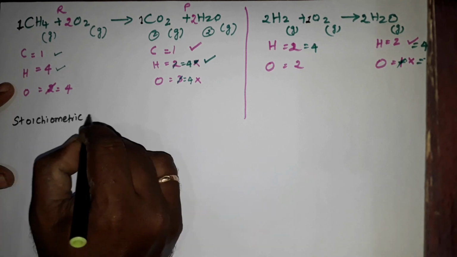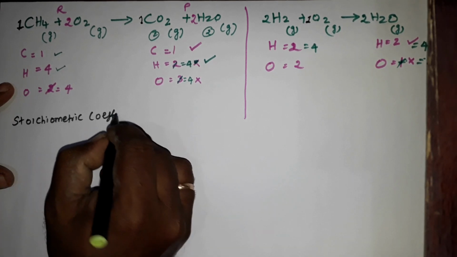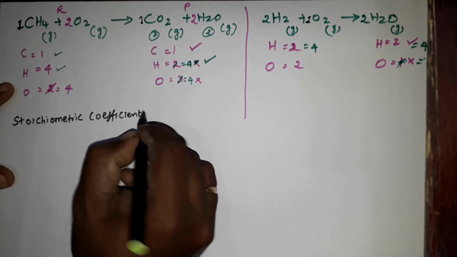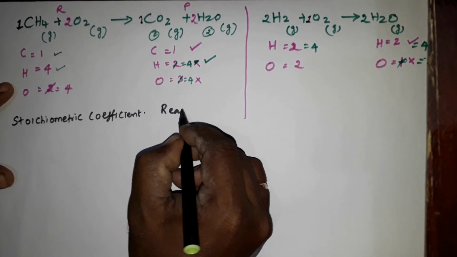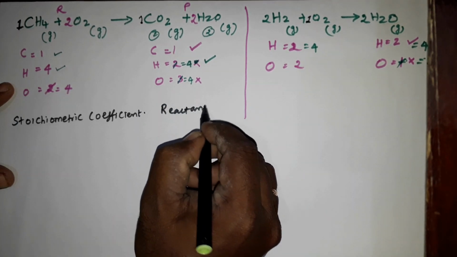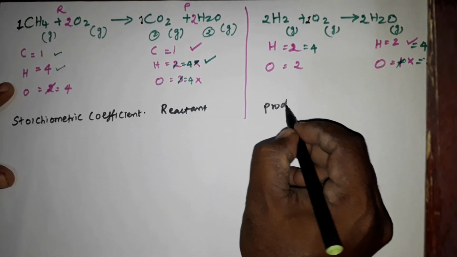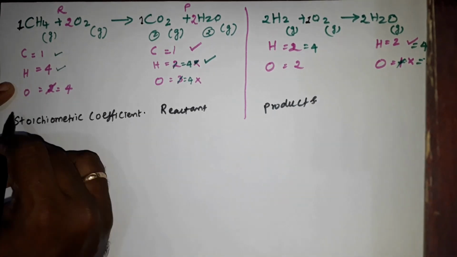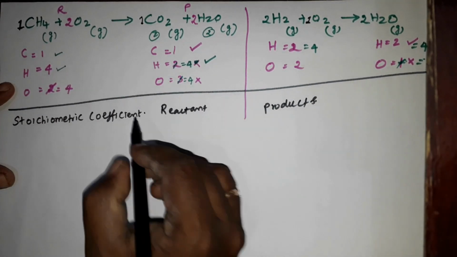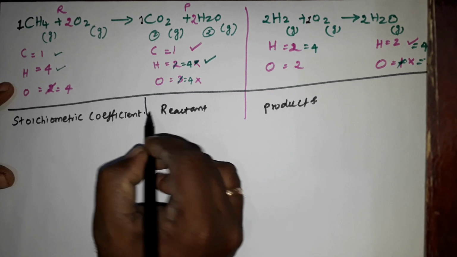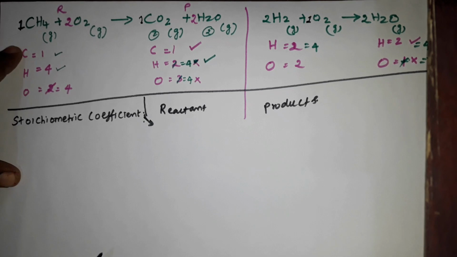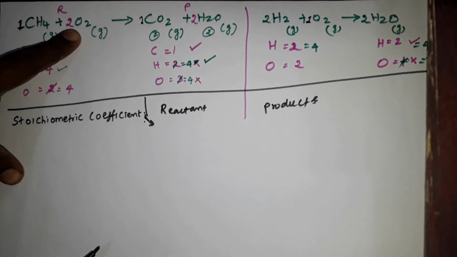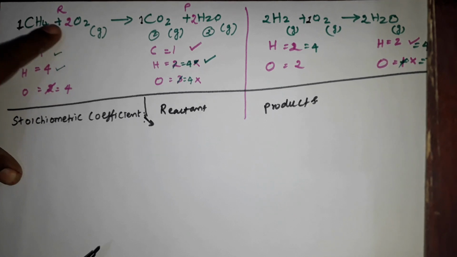Stoichiometric coefficients. Okay. So reactant side, then products. So see here, in this first equation, CH4 plus O2, this is the reactants for this equation.